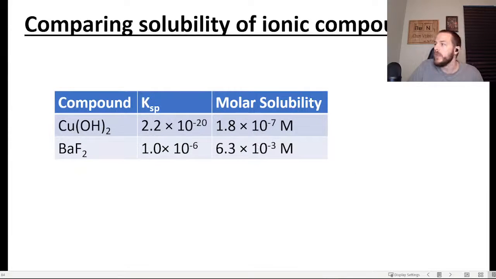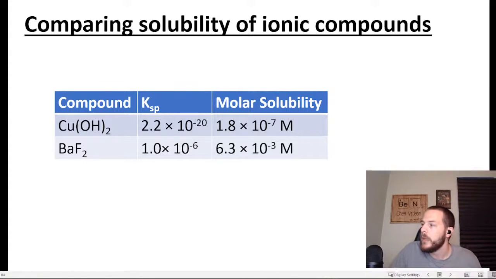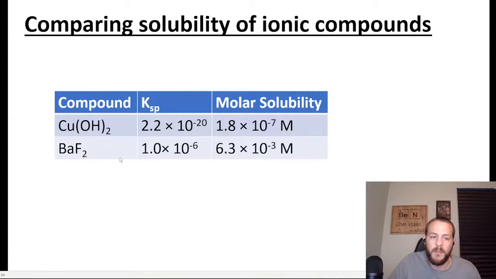If we are comparing these two ionic compounds, this is copper(II) hydroxide, and this is barium fluoride once again. The question is, could we compare the Ksp values of these two and get an accurate assessment of which one has the higher solubility? And the answer is yes, we can.